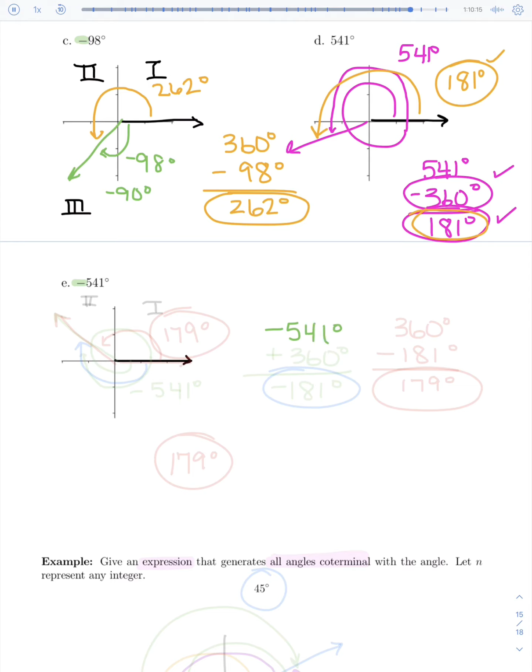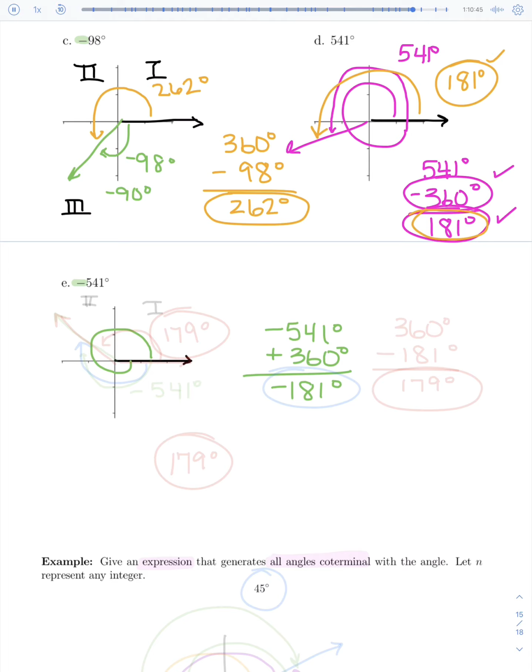If we go around the circle once, let's add that circle back in, and that would leave us that we still have to go in reverse by another 181 degrees.